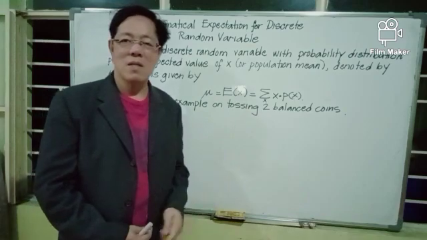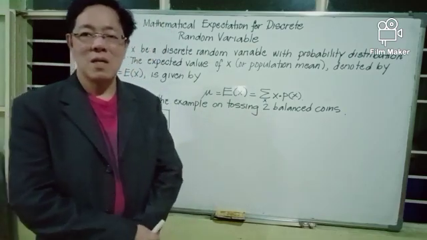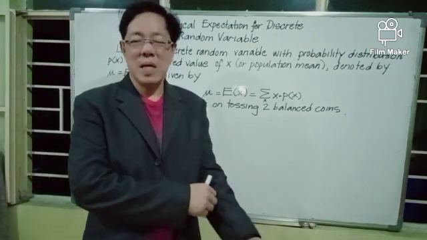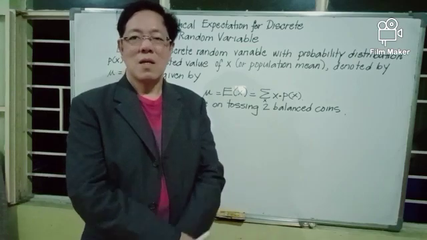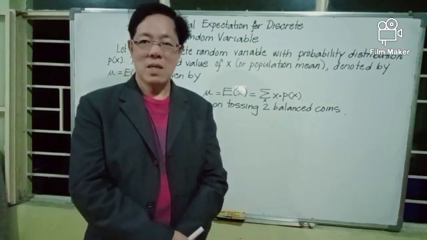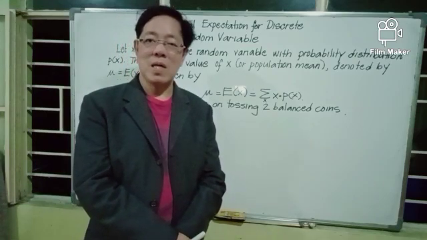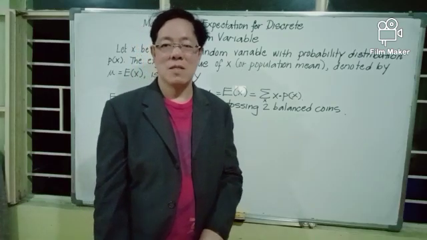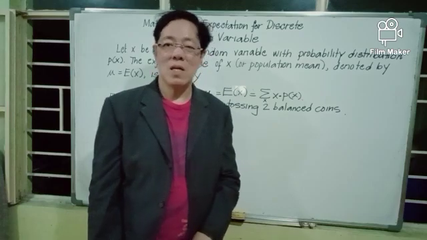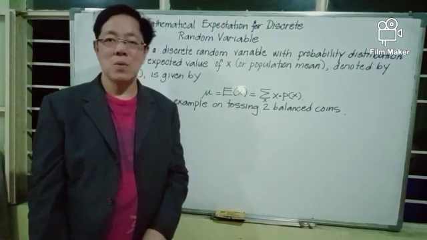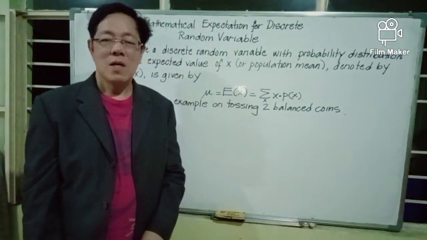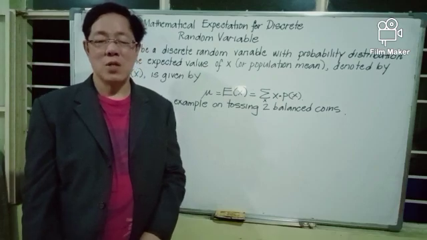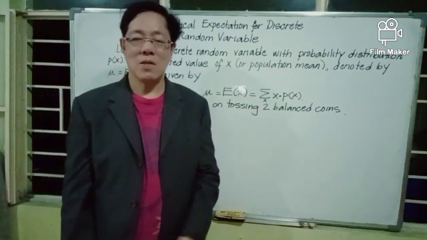This means that if you repeat the experiment many times, what do you expect to be the average value of the discrete random variable x? And that is the meaning of the expected value of x, or the population mean of the discrete random variable x.